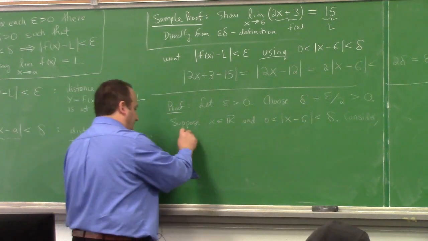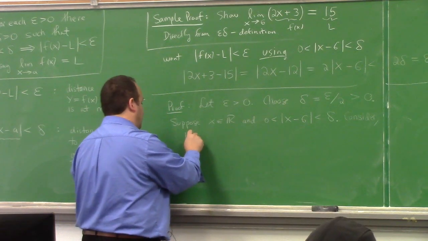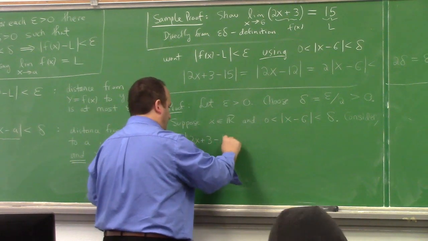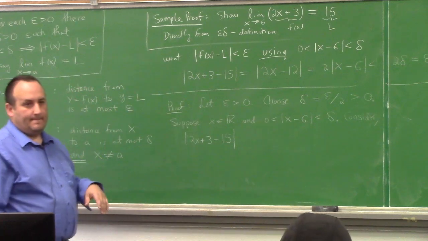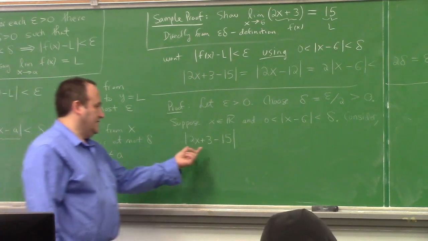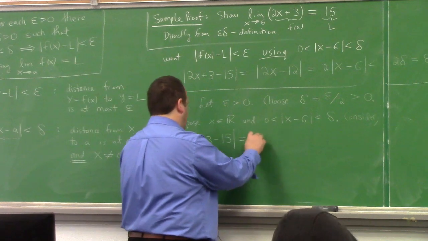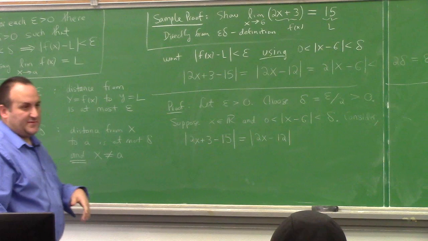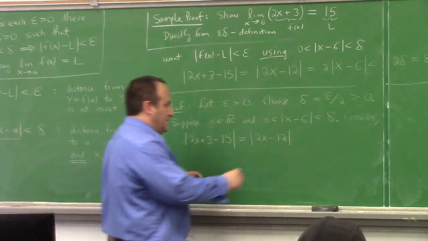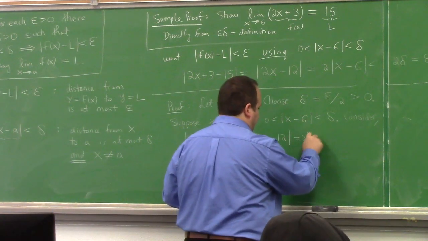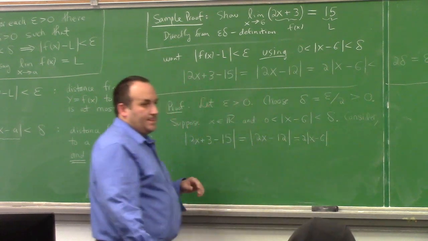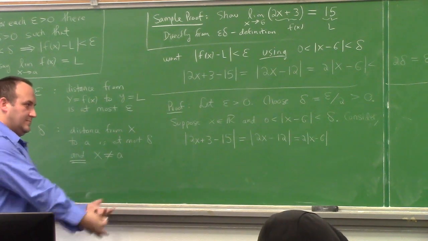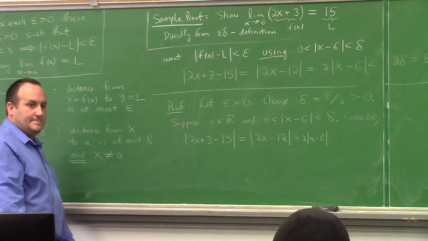And then we're going to look at the absolute value of 2x plus 3 minus 15, right? This is equal to 2x minus 12. Now this should be deja vu all over again. I'm just retracing my steps. And that, of course, is equal to 2 times the absolute value of x minus 6. And that is less than what?